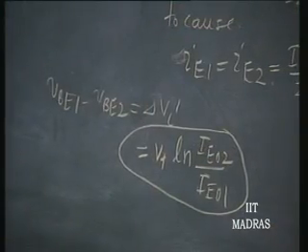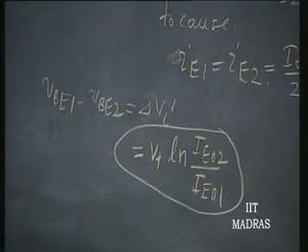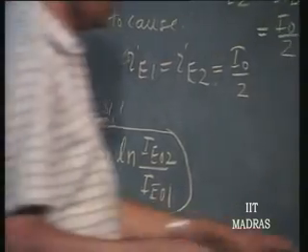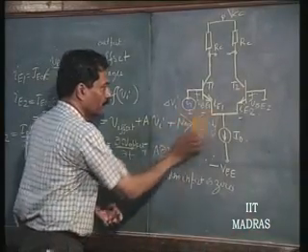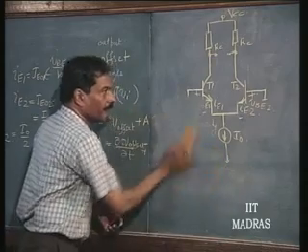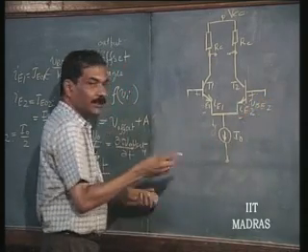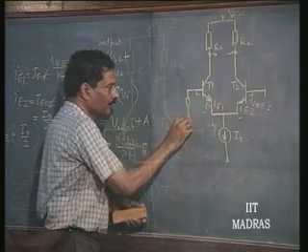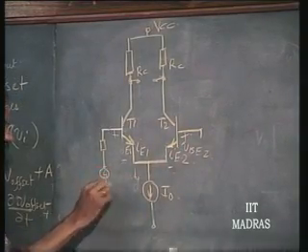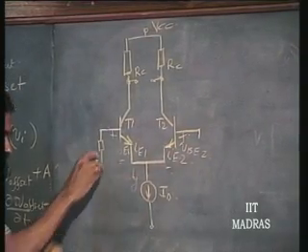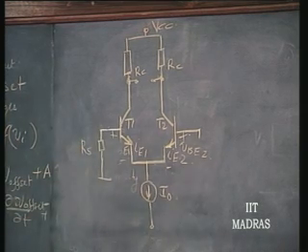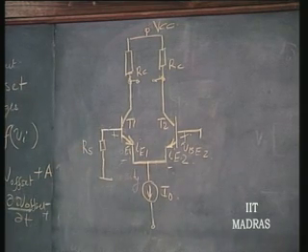Apart from that input offset, we have other offset problems also. Why? This particular stage may not be just grounded. You are connecting an input source here, normally, and when the signal of the source itself is 0, that impedance RS is always coming into the picture.